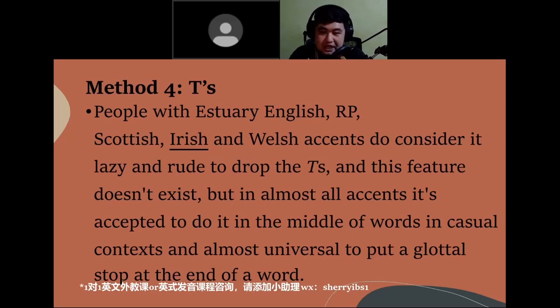This feature exists in almost all accents; it's accepted in the middle of words in casual contexts, and almost universal to put a glottal stop at the end of a word. Welsh are from Wales, Irish are from Ireland, Scottish are from Scotland.